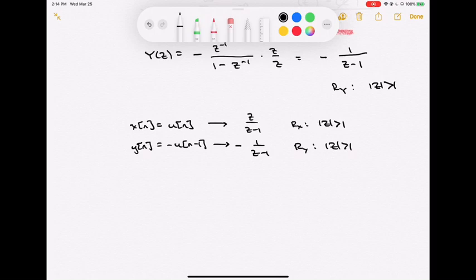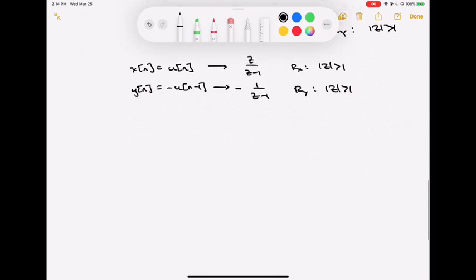Now we can go back to that linearity property. Let's take a linear combination, and the particular combination I want to look at is just the simple sum of x plus y. I'm interested in the z transform of this.